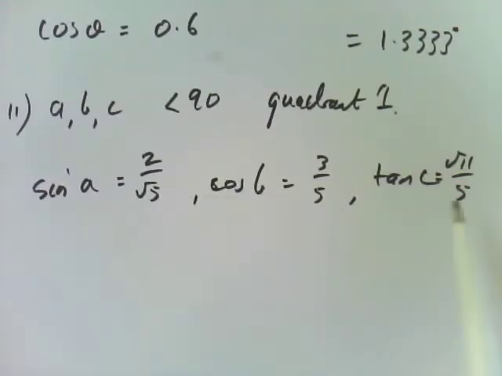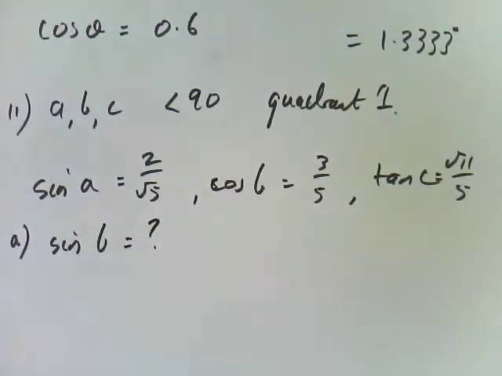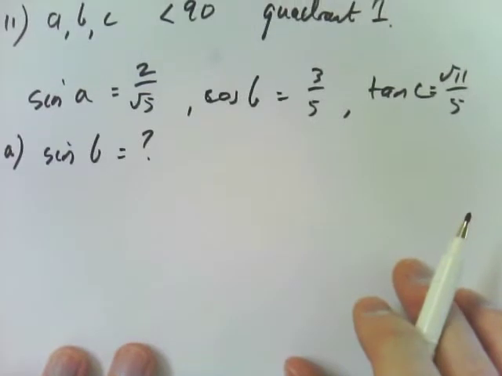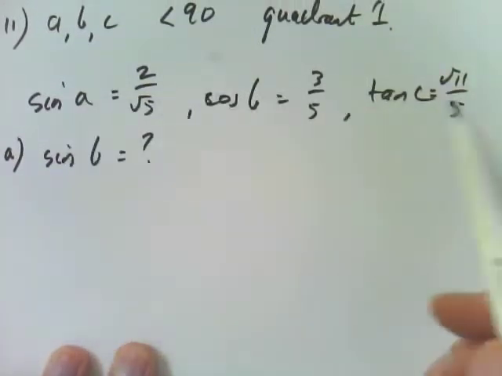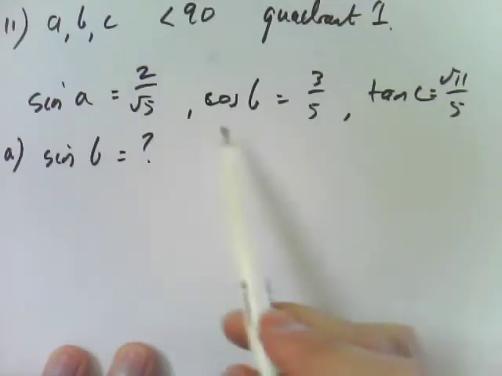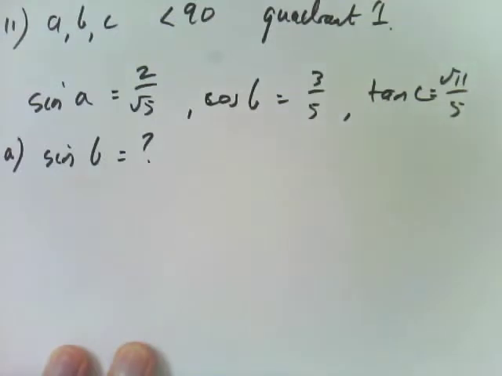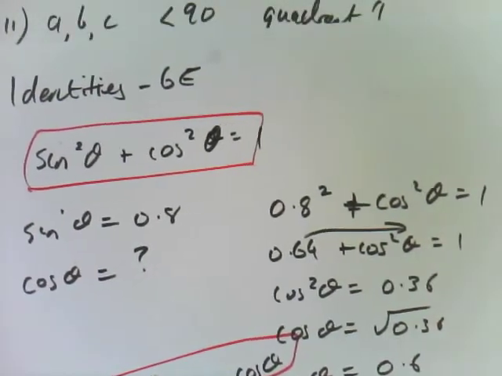But part A asks us to find sine B. How are we going to do that? Given what we've got, which one up here includes B? It's cos. So you use that first identity we talked about, sine squared theta plus cos squared theta equals 1, and you find out sine.